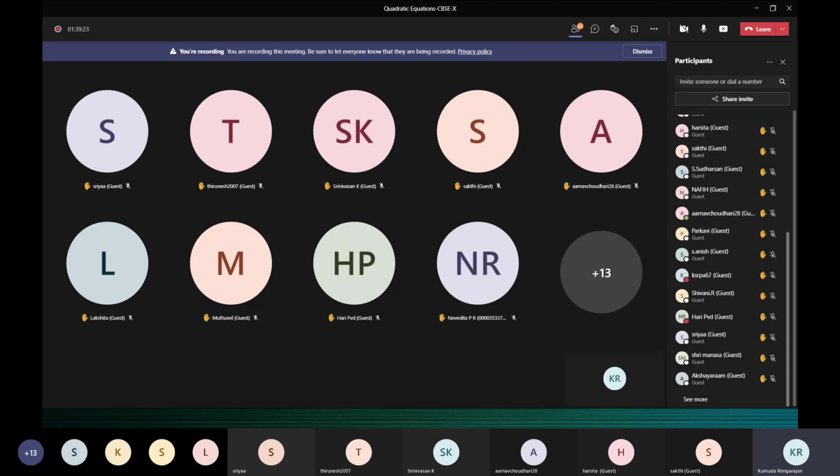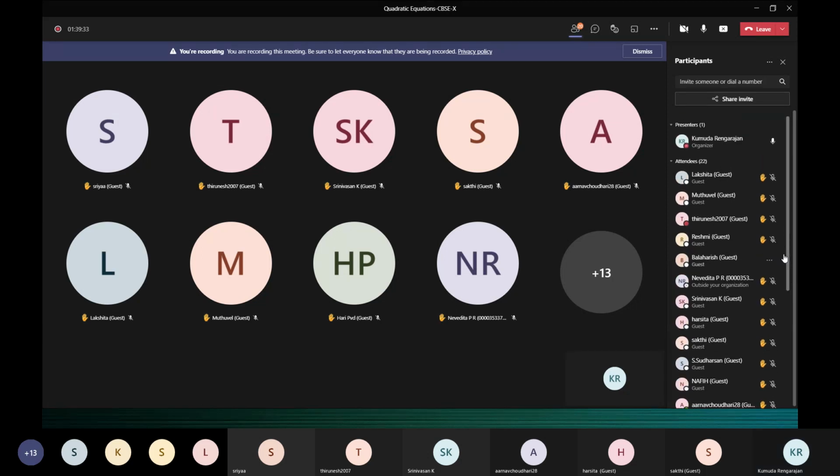Anish and Sabarigrish, Parkavi, Arnav, Nafi, Sudarshan, Shakti, Arshita, Srinivasan, Nivedita, Balaharish, Reshmi, Tirunesh, Muttuvel, Lakshita. All right. All right, children.